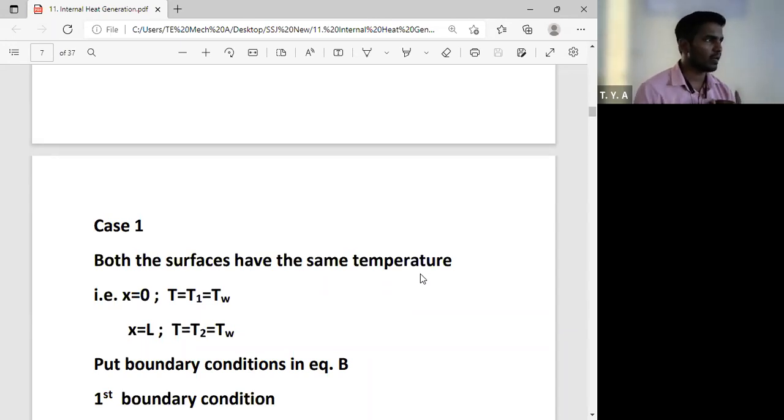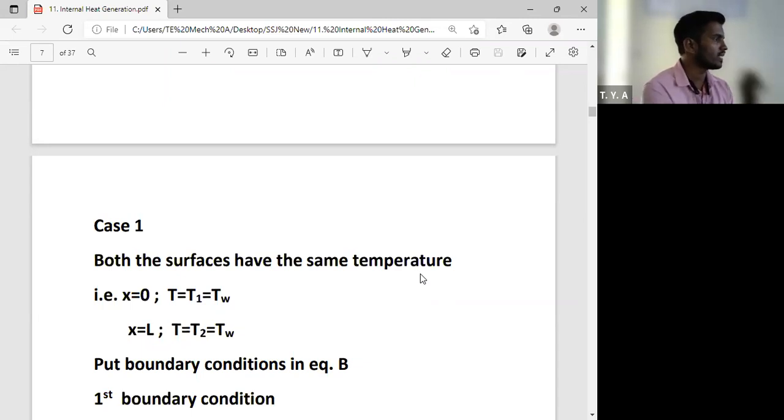So what is our boundary condition? At x is equal to 0, T is equal to T1, and at x is equal to L, T is equal to T2. But we have to consider the case where both surfaces have the same temperature, so T1 and T2 will be the same, and we consider that temperature as the wall temperature, TW.